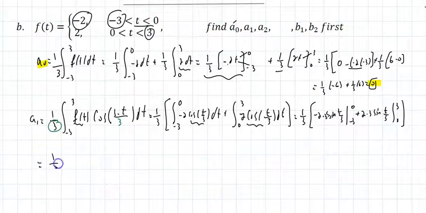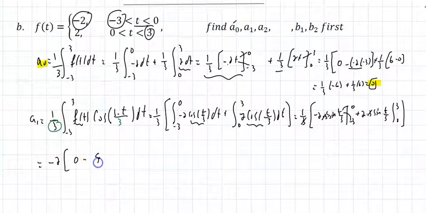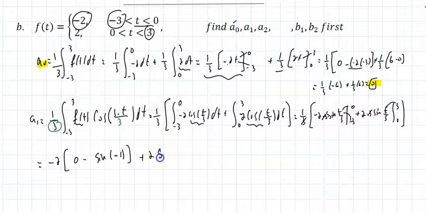So that is 1/3 times, actually I could see the 3 cancels those 3's. If you see that, then you save yourself a fraction. That is negative 2 times, put the 0 in, that's a 0. Put that in, that would be minus the sine of negative 1. Plus twice, put the 3 in, you get the sine of 1, minus, put 0 in, you get the sine of 0, which is 0.